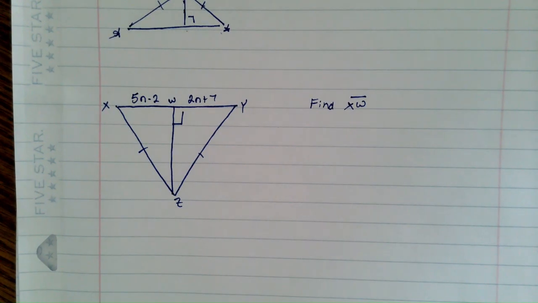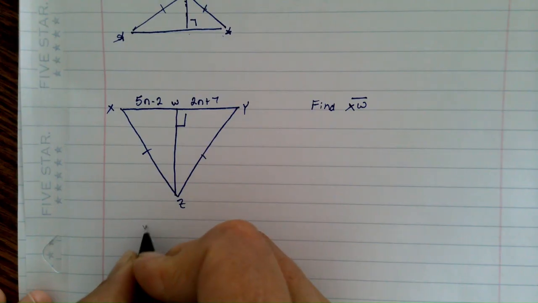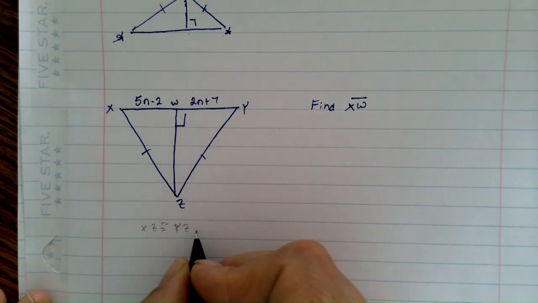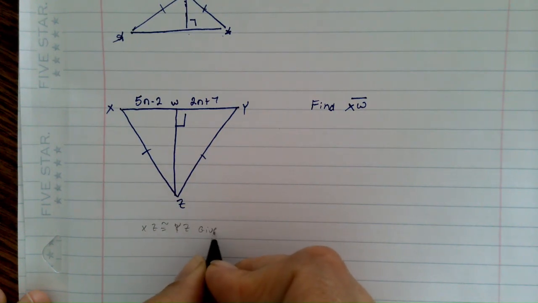Okay, and we're going to talk about the Y's here. Now, one option, okay, XZ is congruent to YZ, given.